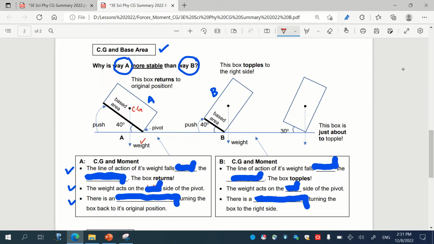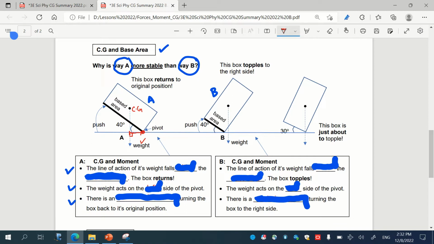So you can see this line of action, called the line of action of the weight, is falling within the base area. Can you see? It cuts within the base area, all right? And because of that, if I look at here as the pivot, I label here as the pivot, you notice that this line of action of the weight is acting on the left side, at a perpendicular distance between the pivot point and the force.